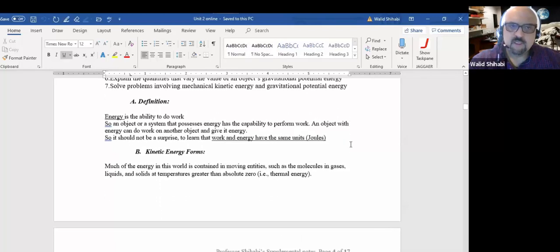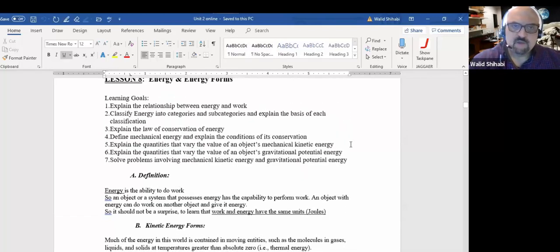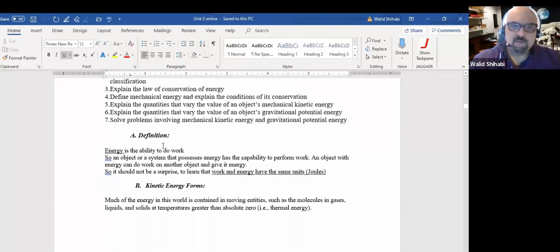Those are the goals. So regarding the first goal here, the definition and the relationship between energy and work, we define energy as the ability to do work. Okay. So for example, an object that is moving has energy. Why? Because if it hits another object, it will be able to apply force on it and move it a certain distance. We know that work is force times distance.